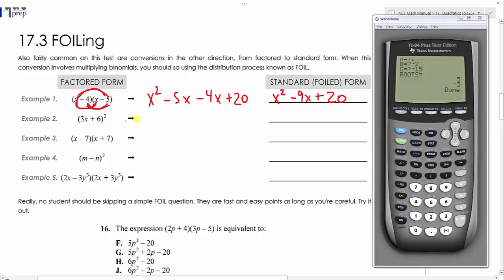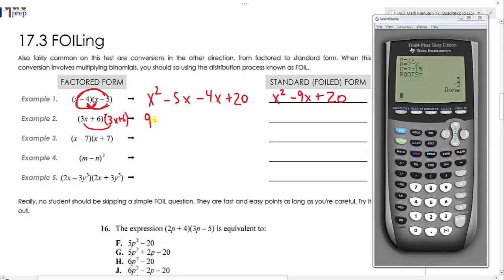Over here, this is 3x plus 6 squared. Now, whenever I see a squared on the test, I actually like to just write the factor again so that the foiling and the distribution becomes a little bit simpler to do, a little bit more visual. So 3x times 3x is not 3, so I'm going to get rid of that.